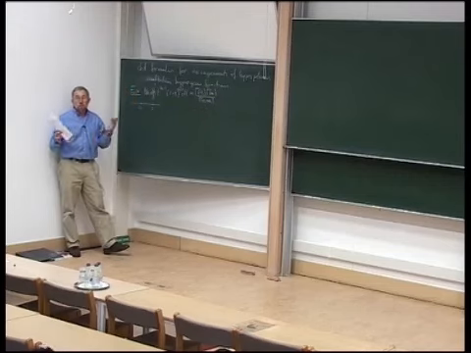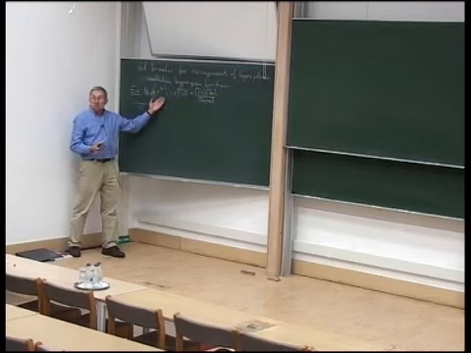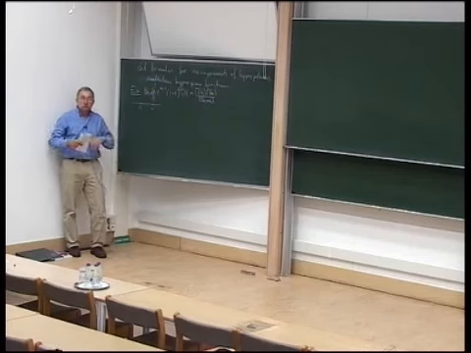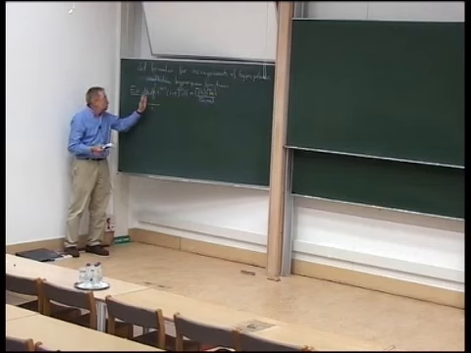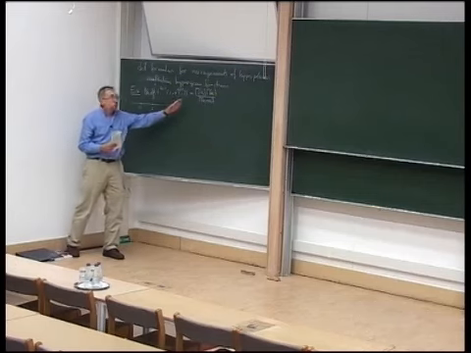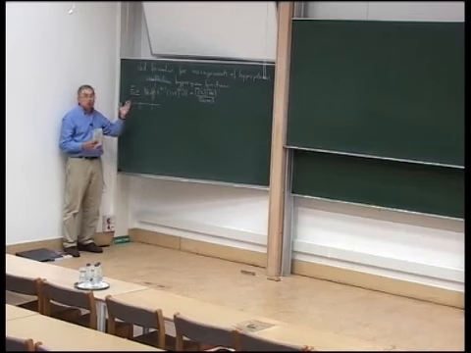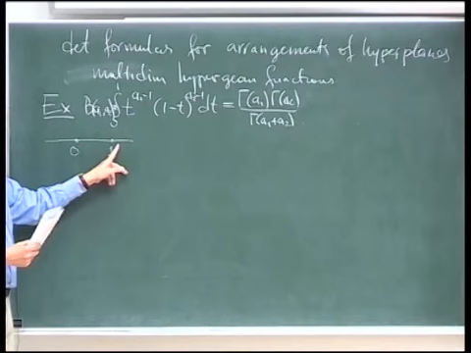In all formulas that I will give you, they all have the following flavor. The entries of the matrix will be global characteristics of the arrangement, so you need to integrate from 0 to 1, while the determinant will be the product of local contributions. Local means you consider some intersections of hyperplanes.